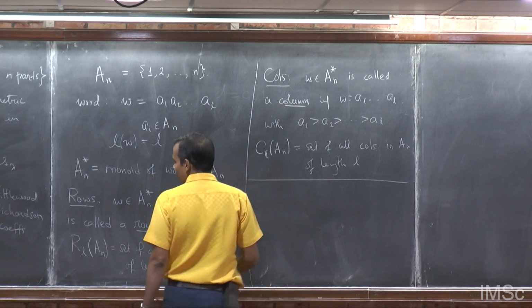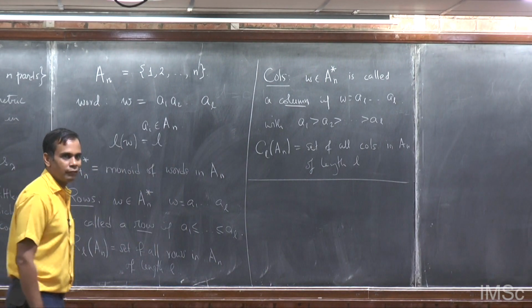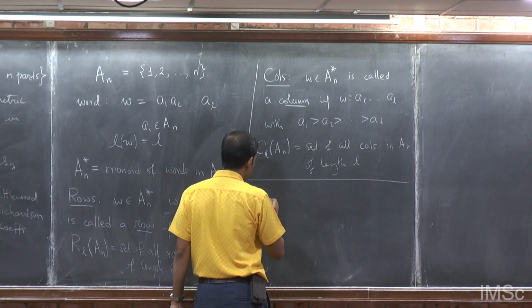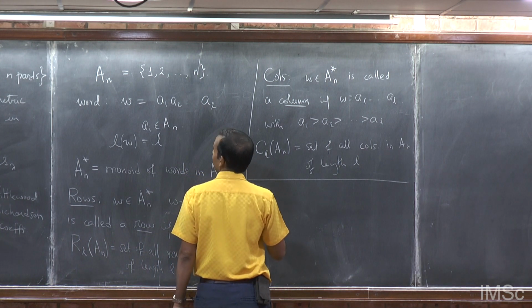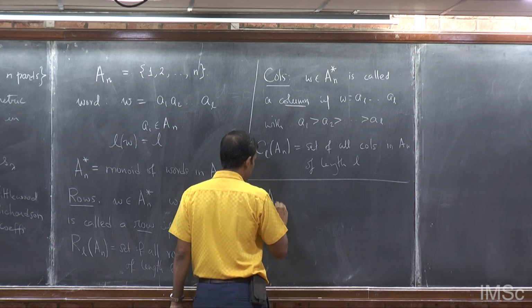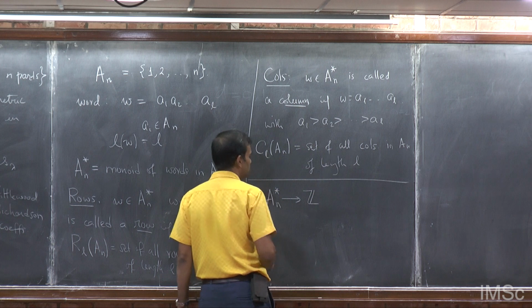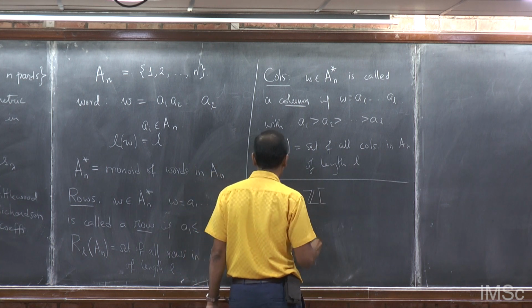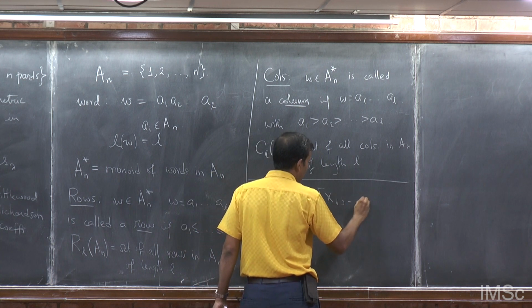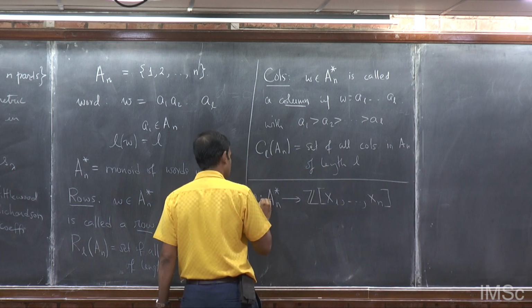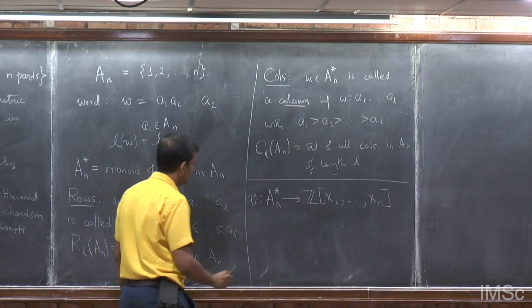We can also talk about the weight of a word. Words have weight. We will have this map from A_n star to integer polynomials in the variables x_1, x_2, ..., x_n, which I will call the weight function.